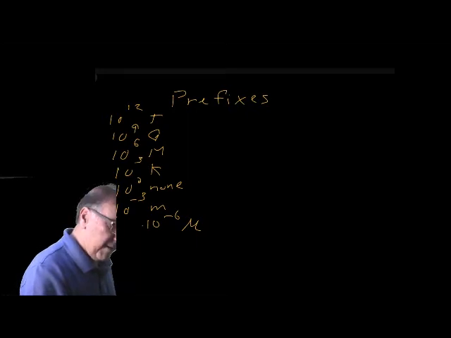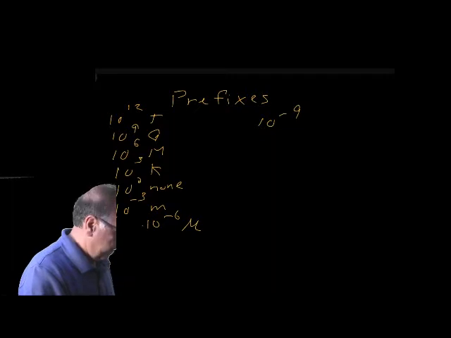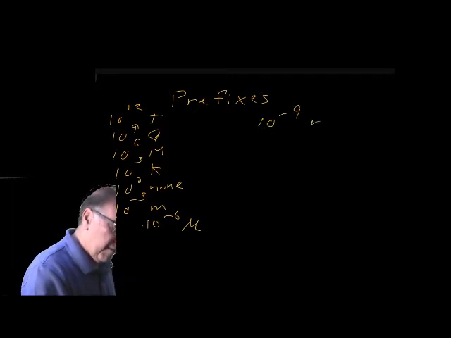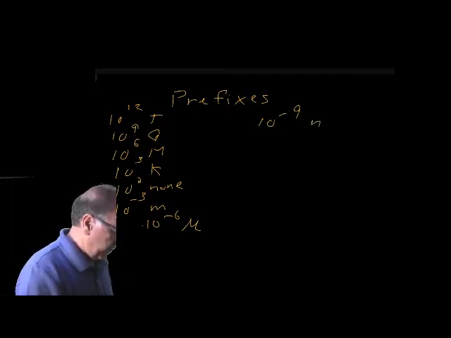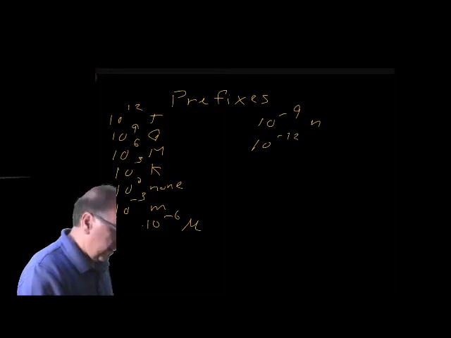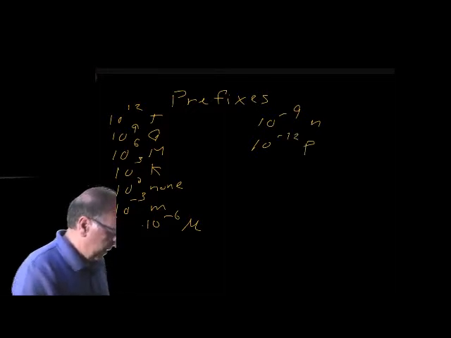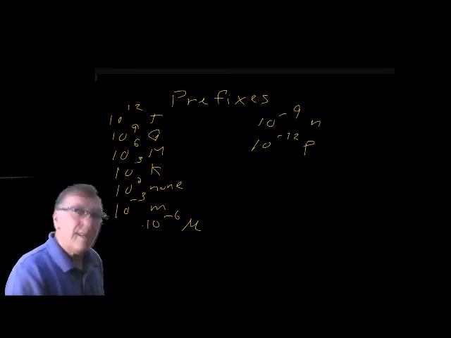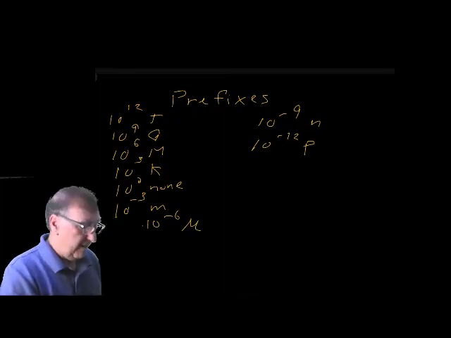And then we have 10 to the minus 9, which is nano. And then we have 10 to the minus 12th, which is pico. And all of these are in the textbook, and you really need to commit those to memory.